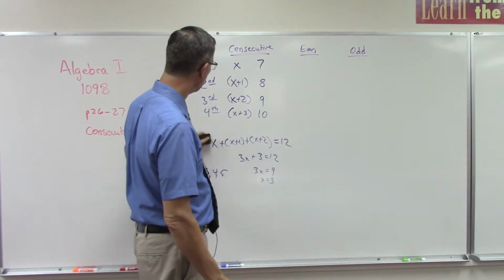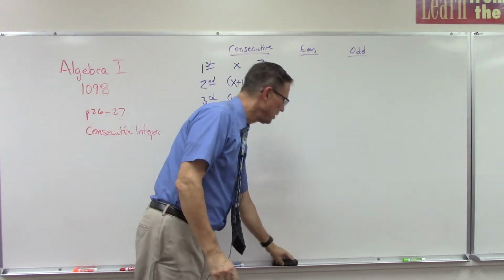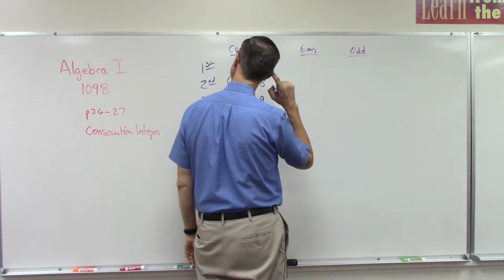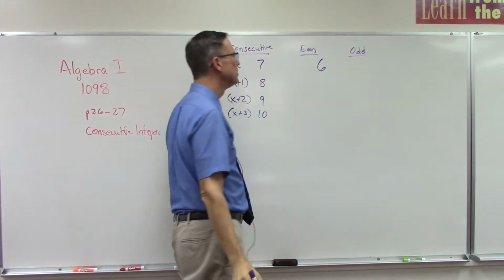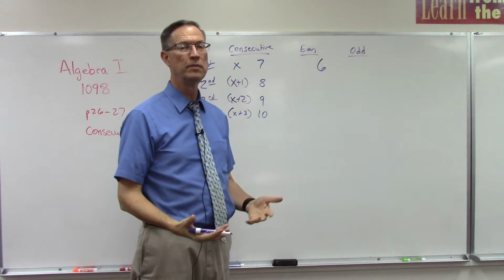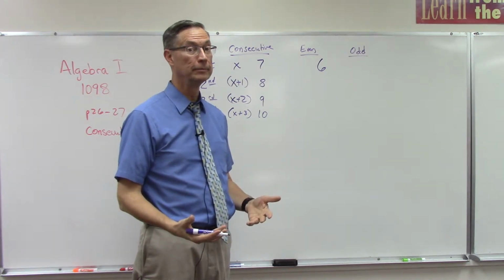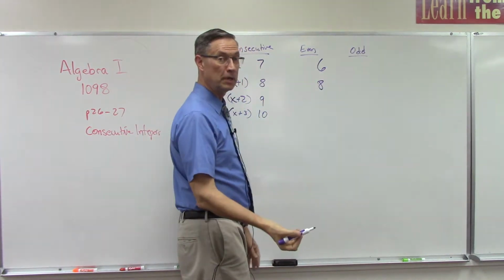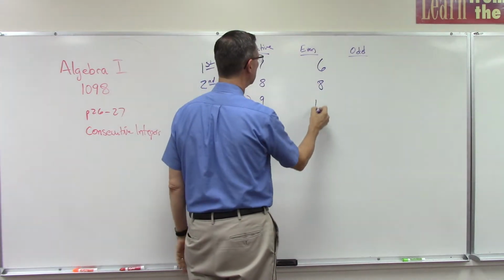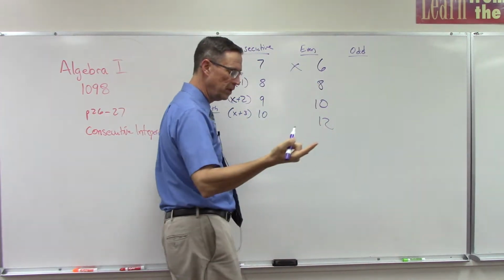That's not too hard. Let's talk about even integers now. So let's take 6. If that's the first even integer, what would the next even integer be? Did you say 8? It'd be 8. And the next one would be 10, and then 12. So let's let X represent the first even integer again.